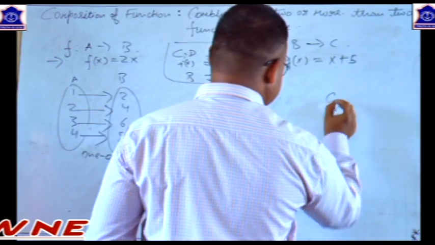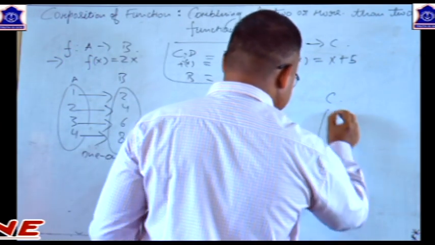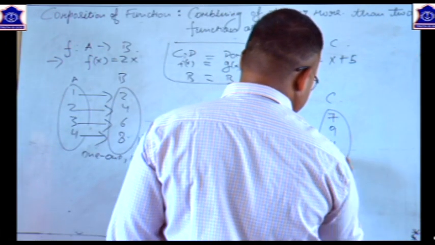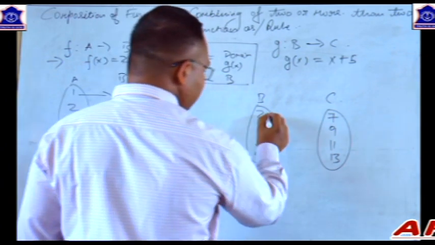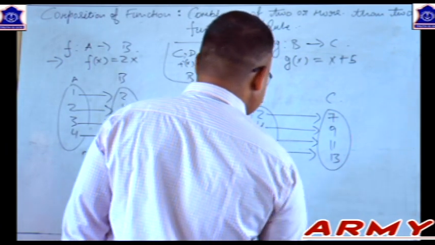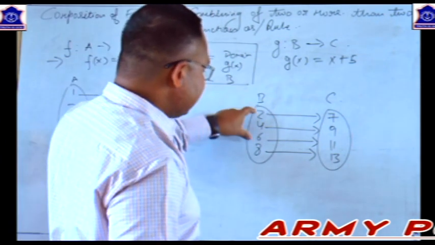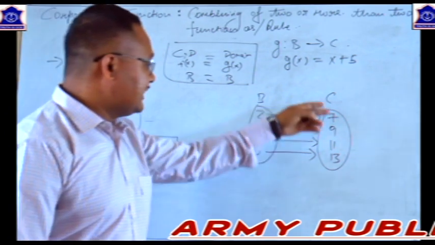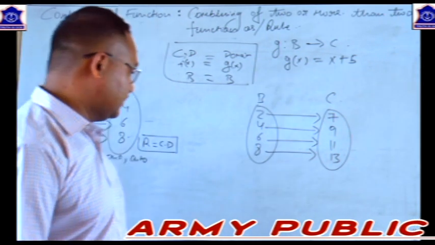Now I'm taking another set C, and the elements of set C are 7, 9, 11 and 13, where the image of 2 is 7, image of 4 is 9, 6 is 11 and 8 is 13. Set B is the domain of gx function and set C is the codomain of gx function.